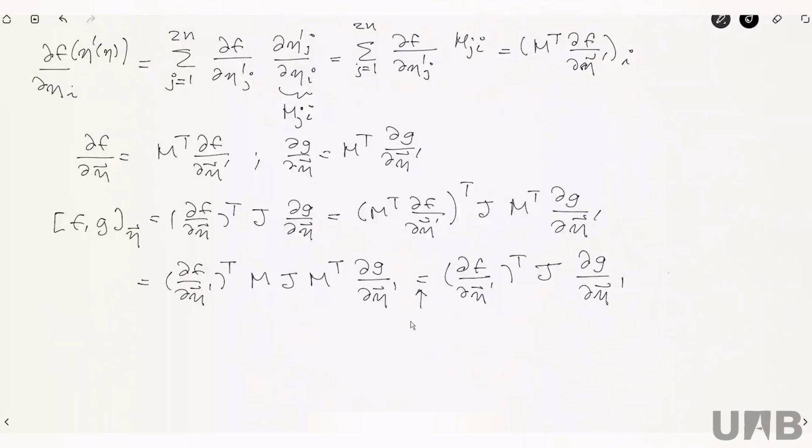This is if the Poisson bracket of f and g with respect to eta equals that with respect to eta prime, right?